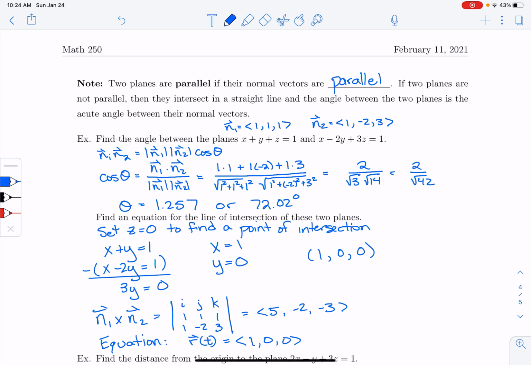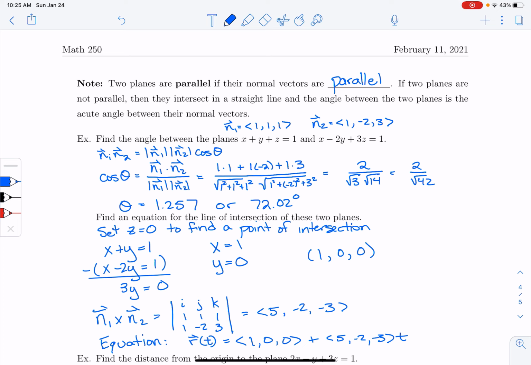And then we need it to go in a direction. That direction needs to be perpendicular to both of those normal vectors. And so that direction is going to be (5, negative 2, negative 3), and we're going to multiply that by t. And that's going to be our equation for the line of intersection.